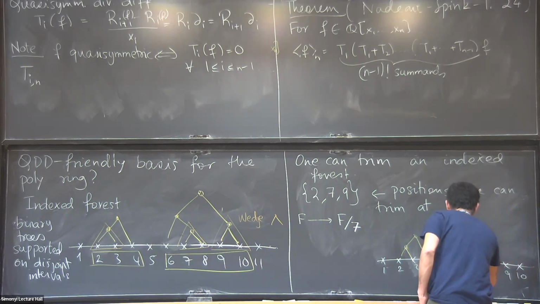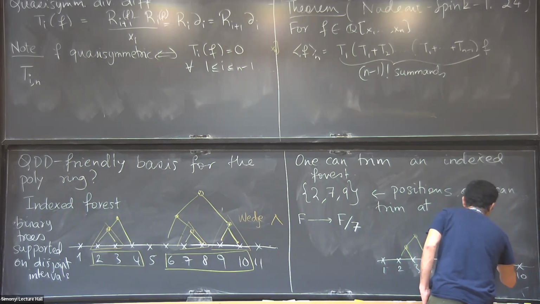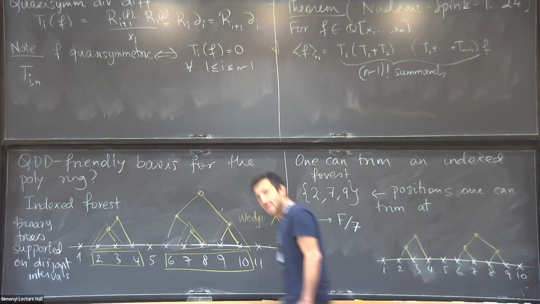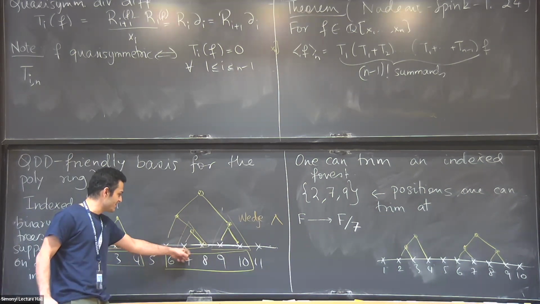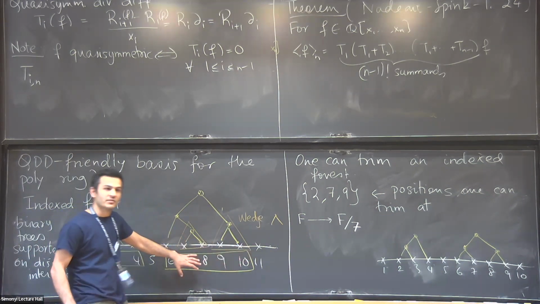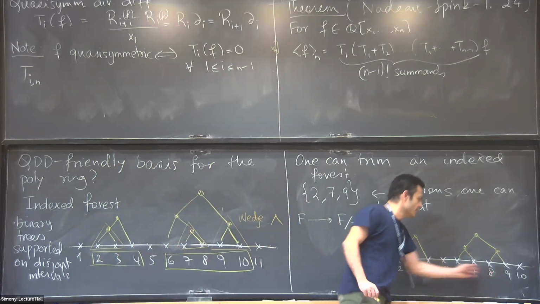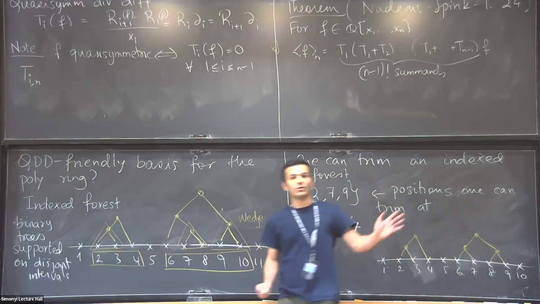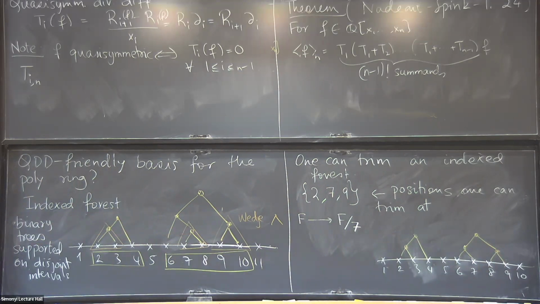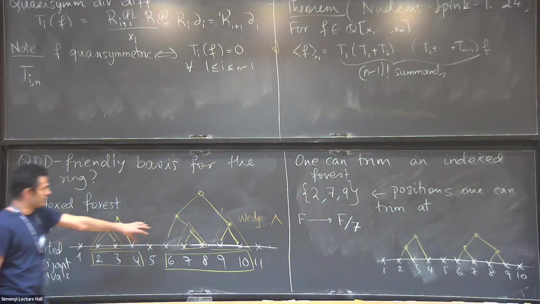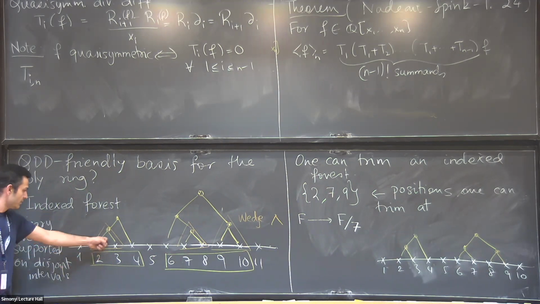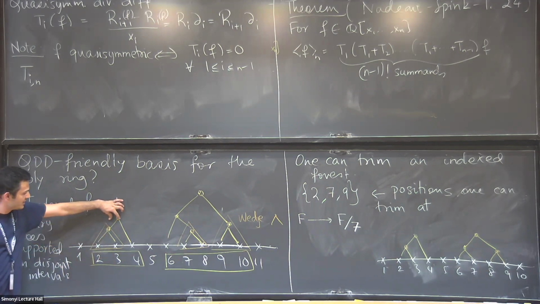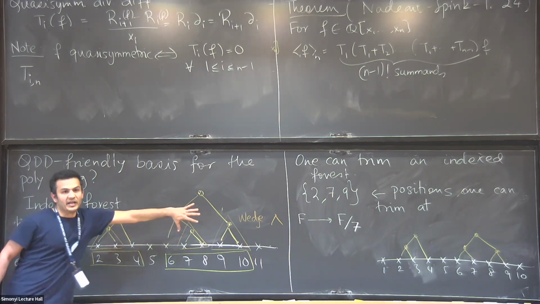So 6 through 9 become this. When you squish this to a leaf, the 7 survives, and you reindex the remaining numbers to always be the positive natural numbers at all times. So there are no holes created when you turn this wedge into a leaf. You could have done T2, a trim at this position, and this would have become a single node sitting right here, and the remaining guys would get shifted.